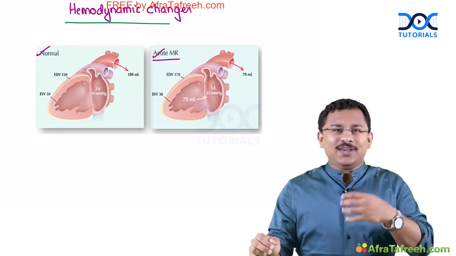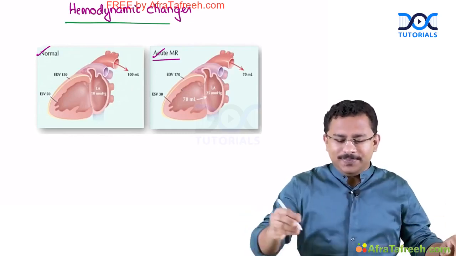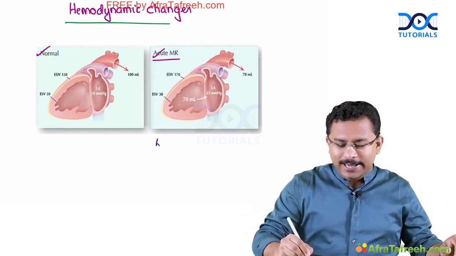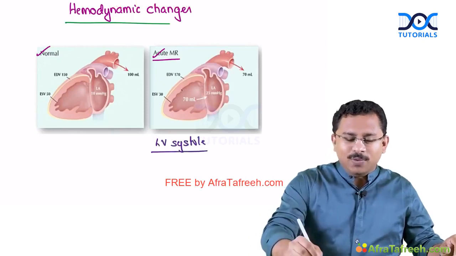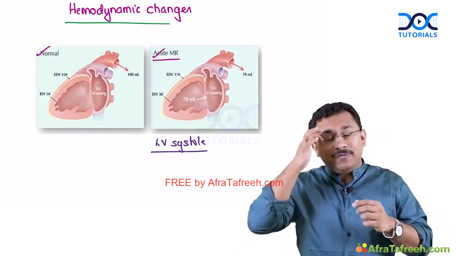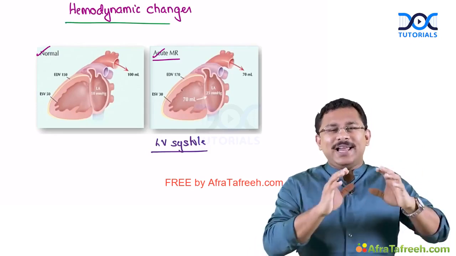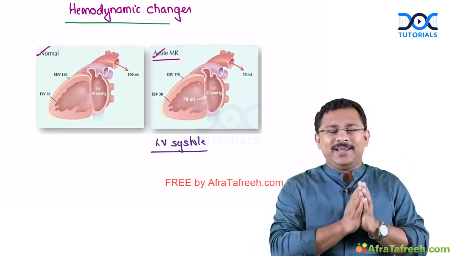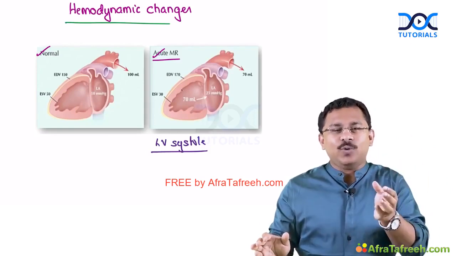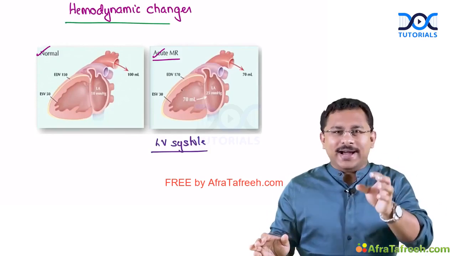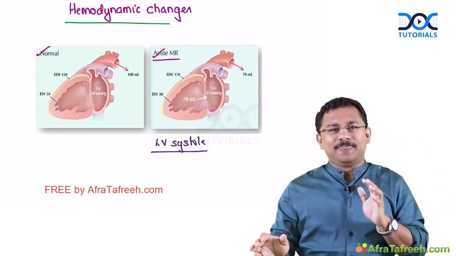So that resulted in an acute MR. During the acute MR, during the LV systole, the mitral valve leaflet will bulge into the left atrium, and because of which, in addition to the forward flow from the LV to the aorta, you can also have a backward flow into the left atrium, correct?